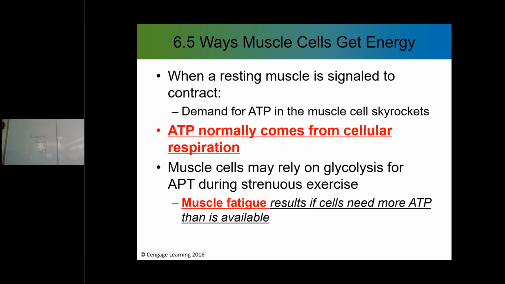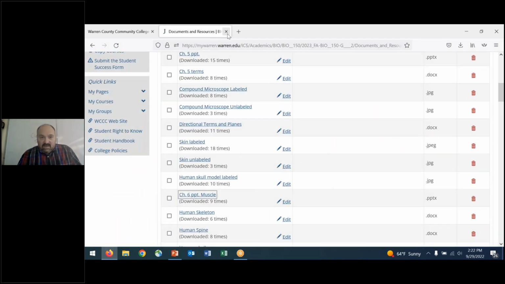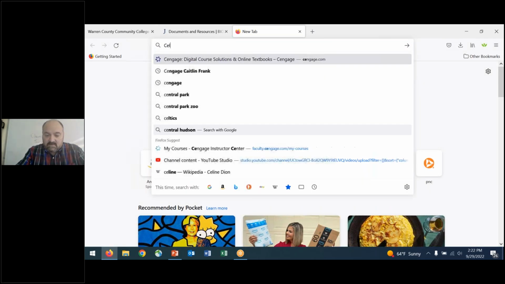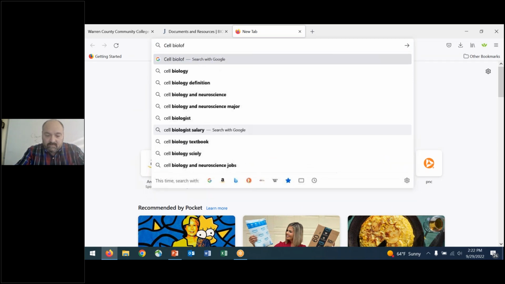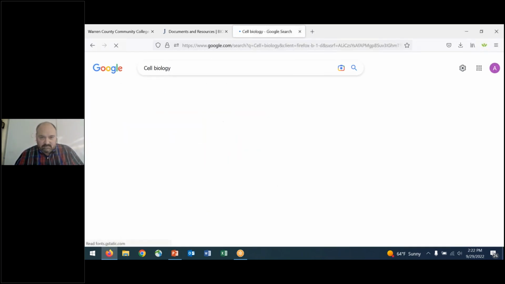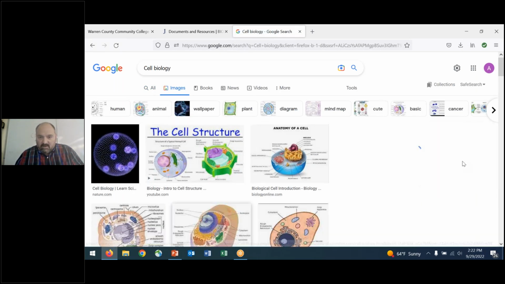So mitochondria produce ATP. Those of you online, I'm going to pull up an image of a cell and point out, there we go.